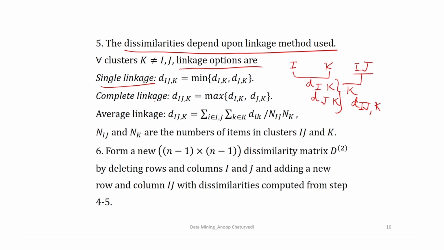In complete linkage, D_IJK is defined as the maximum of Dik and Djk.